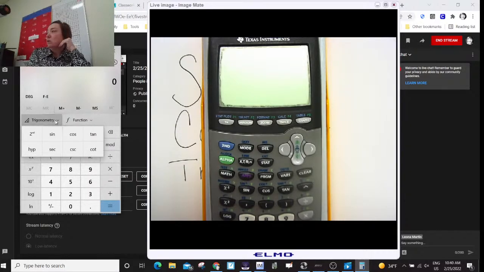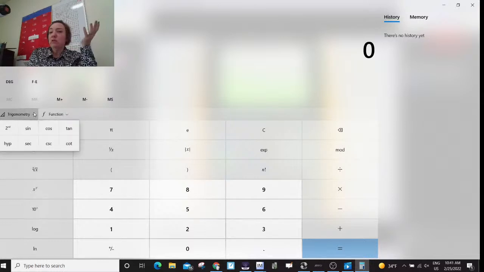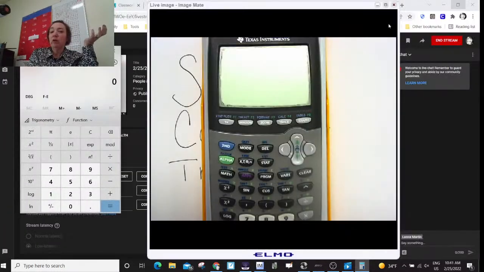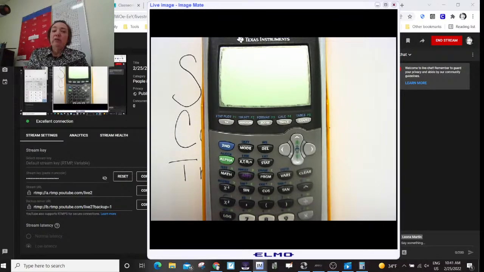That gives you sine, cosine, and tangent. If you make it full screen, they still don't show up. They used to be over here. But you get the trig functions right there. So even if you don't have your phone, if you have your Chromebook, you still have access to sine, cosine, and tangent. Okay? You don't have a Chromebook and you don't have a phone, I guess you're SOL.